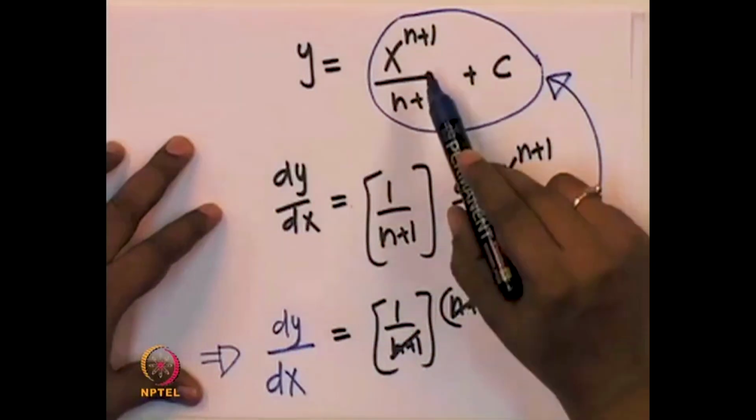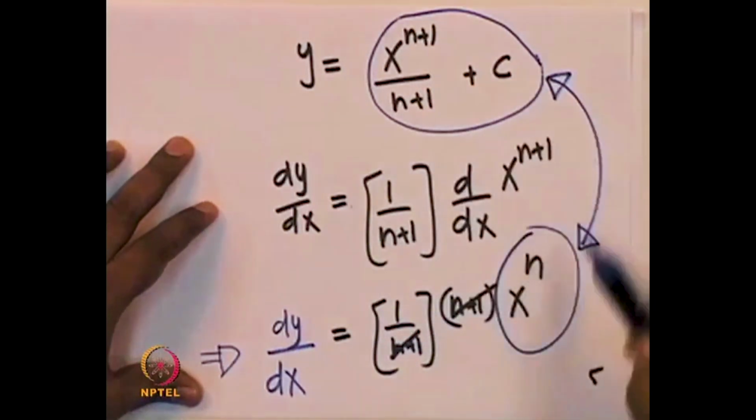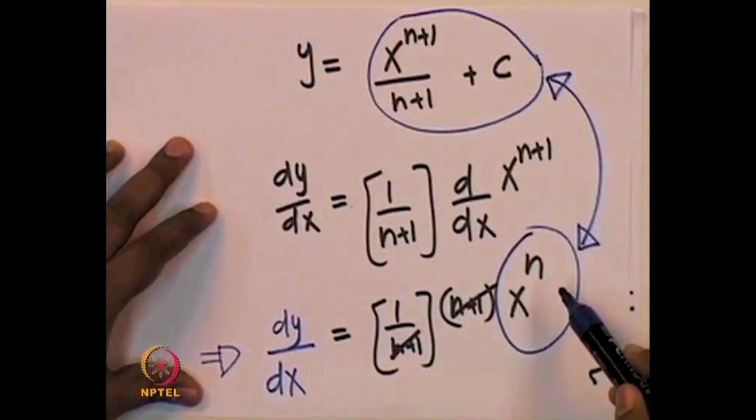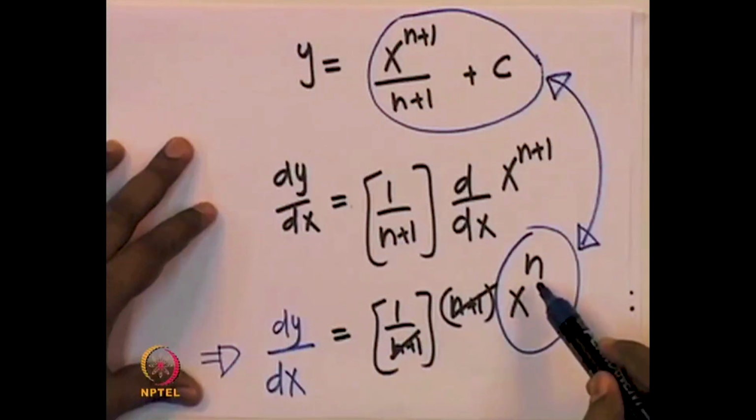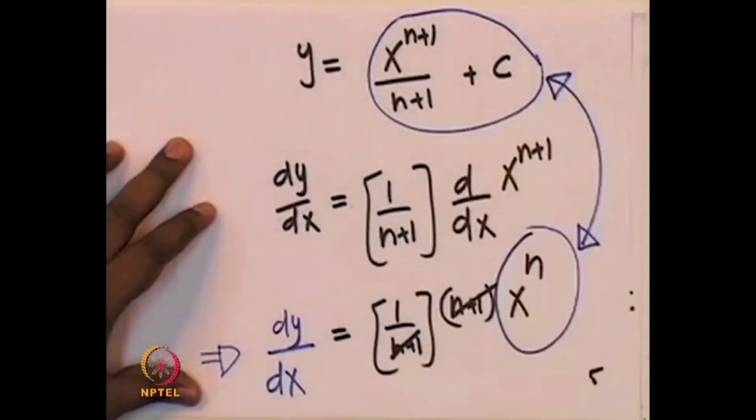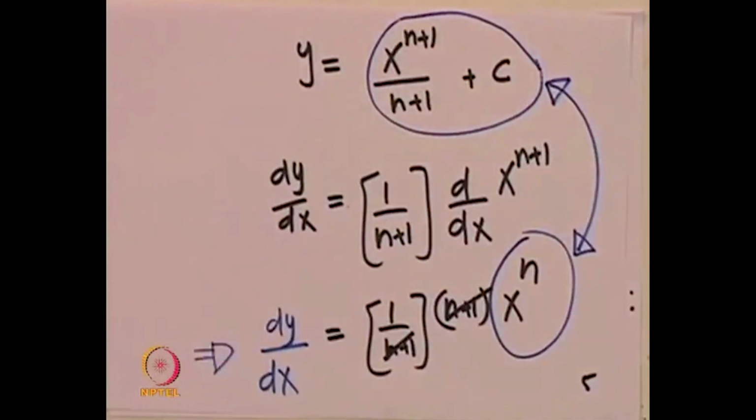The derivative of x power n plus 1 by n plus 1 plus a constant is x power n, and the integral of x power n is x power n plus 1 by n plus 1 plus a constant. This complementary operation is called integral or integration.